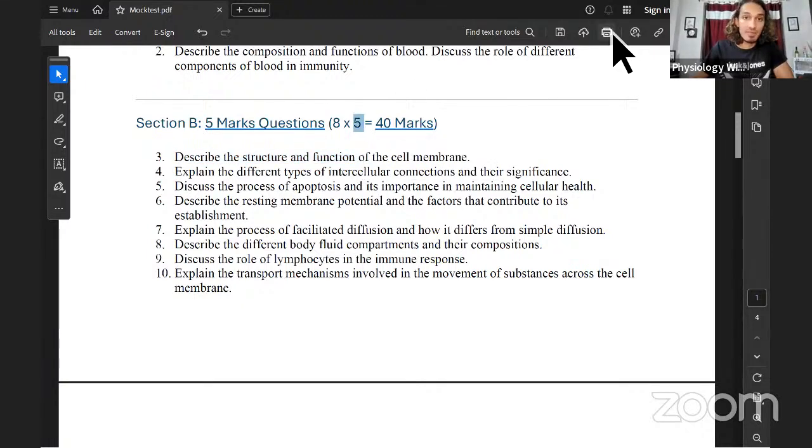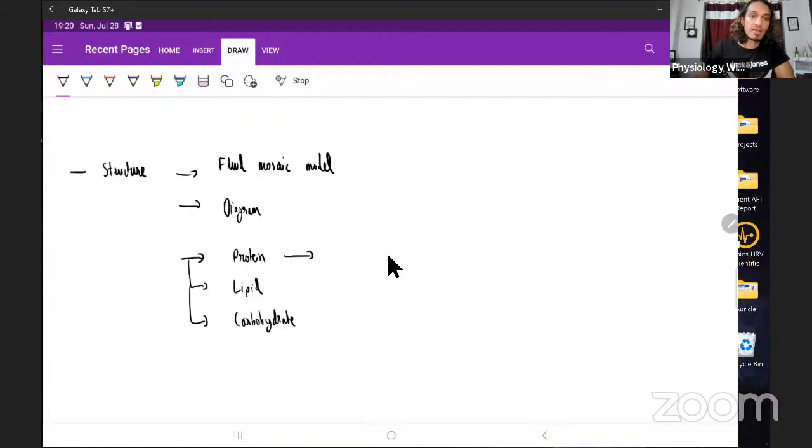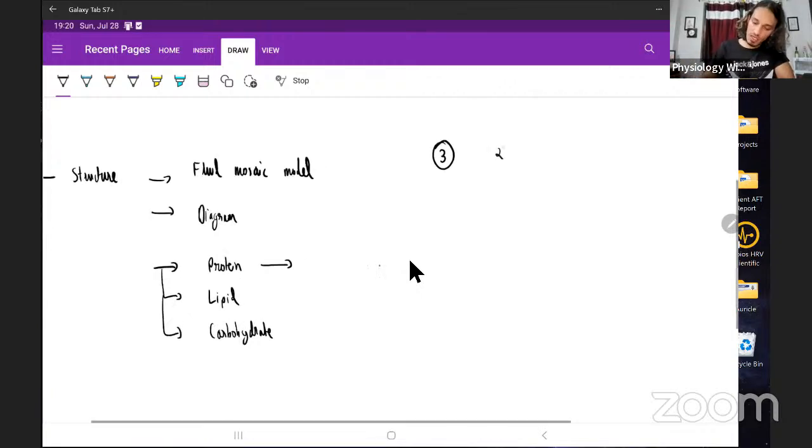Okay, so not 10 marks, sorry, 5 marks. Generally, how we would split the answer is 3 marks for describing the structure and another 2 marks for the functions.